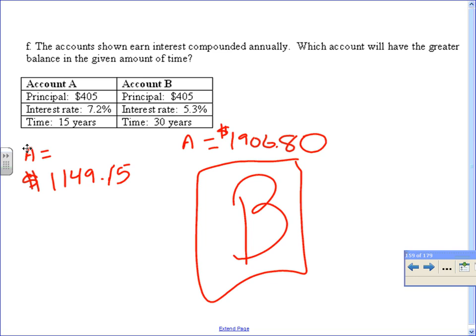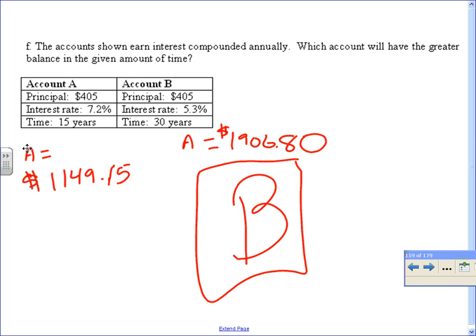Annalise, I'm guessing whenever they did 1.072 to the 15th power, they probably cut it off at the nearest 10th or 100th. I kept mine at the 1000th. Yeah, it's rounding. No big deal if you're off by a penny. I'm not crazy, I promise. Most of the time. All right, we're good?